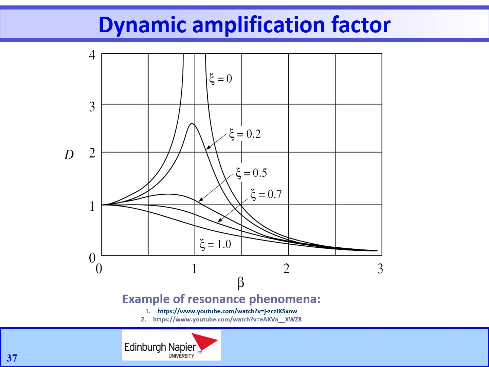Just observe what happens when we have no damping and the dynamic amplification factor approaches peak values for beta equals 1, while it goes towards 0 as beta moves towards infinite values. As you can see, for all damping ratio values, the response factor is unity at beta equals 0.